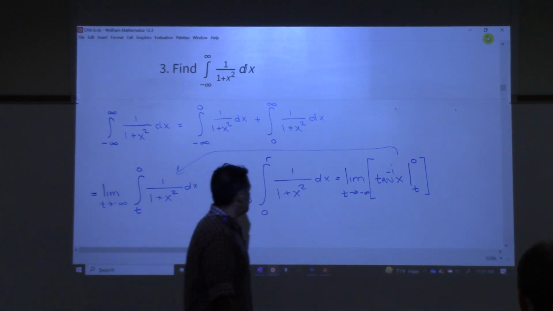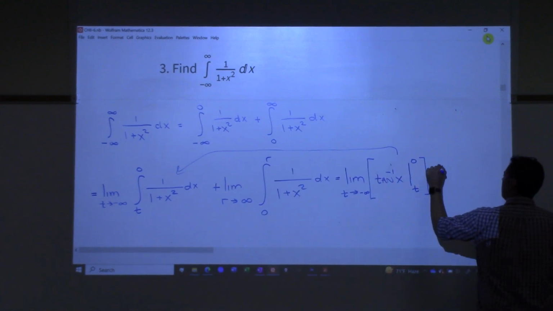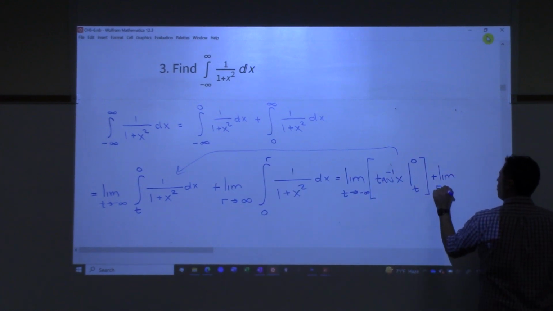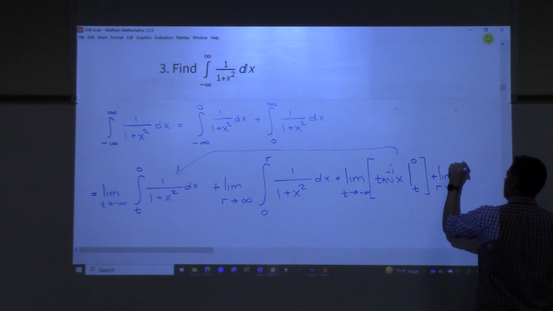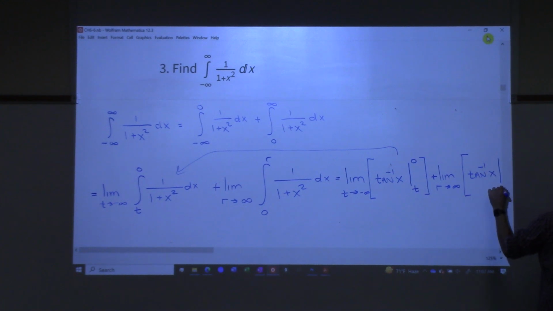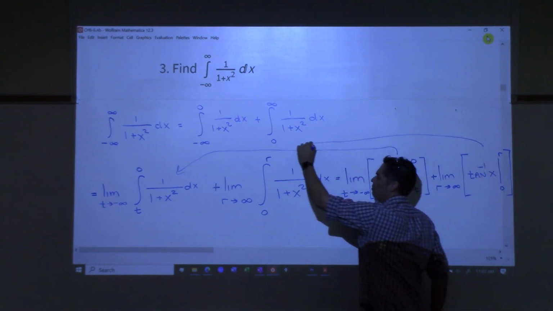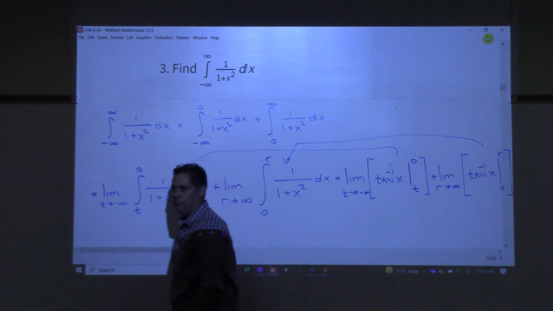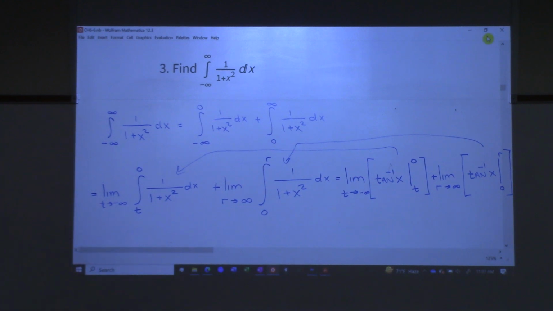All right, next to it, plus, now I'm taking the limit as r goes to positive infinity, and then I do the antiderivative, which is the same exact antiderivative, inverse tangent of x. But this time I'm evaluating from 0 up to r. That's this integral. Understood?